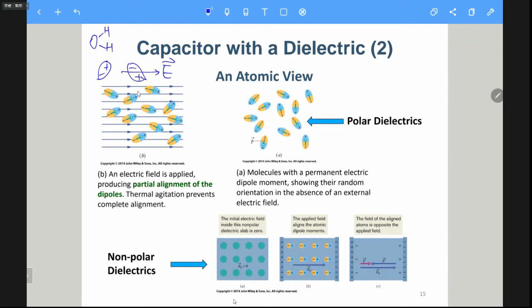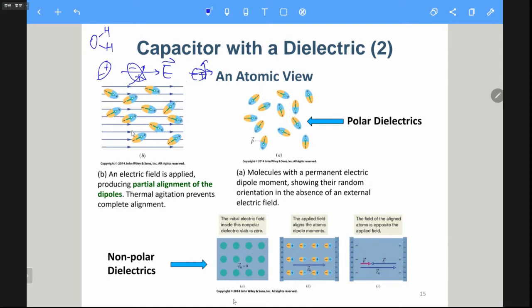So they tend to rotate to the same direction as the external E field, but it cannot just stop there, because as soon as a dipole moves to this status, there will be some torque to rotate it to the other side.